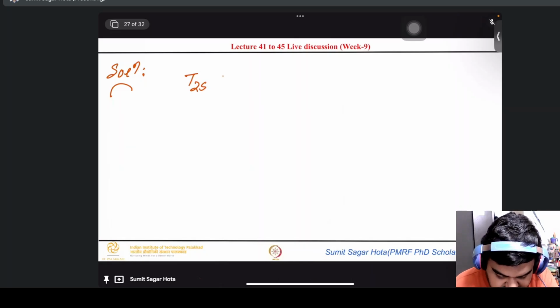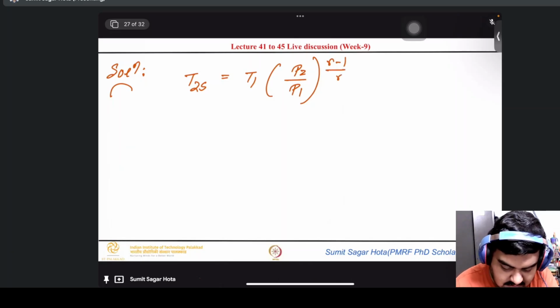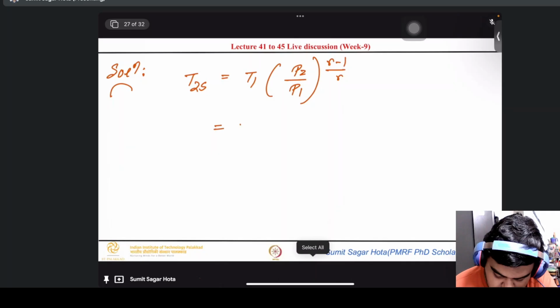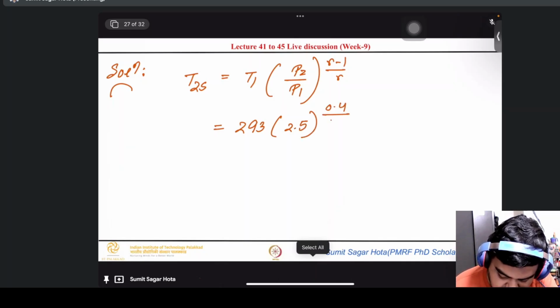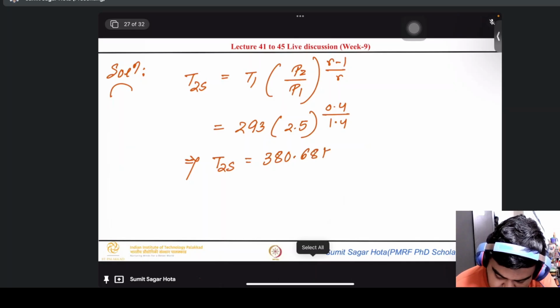So T2s is equal to T1 into (P2 by P1) to the power (gamma minus 1) by gamma, that is 293 into 2.5 to the power 0.4 by 1.4. So T2s is equal to 380.68 Kelvin.